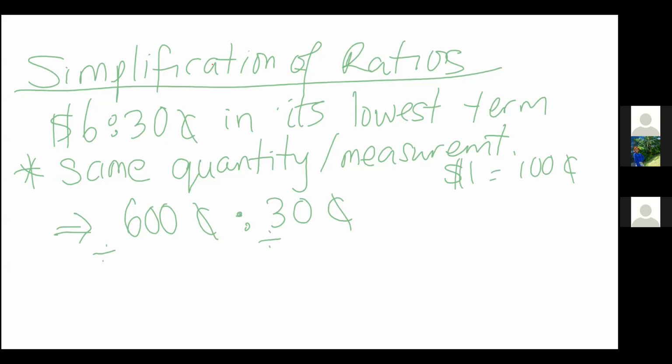So 30 could go into 30 and 30 could go into 600. So let's divide by 30. Of course, you could choose different numbers until you get down to the smallest, but try to look for the biggest number that could go into them, right? So 600 divided by 30 is 20, and 30 divided by 30 is 1. So 20 cents to 1 cent is the simplified ratio for $6 to 30 cents. Any questions there?